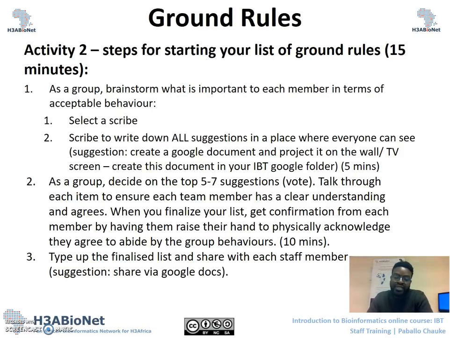Select a scribe, someone who's going to write down all the suggestions that everyone is going to be raising. My suggestion is create a Google document and project it onto the wall or TV screen. So wherever you see me now, the screen that you see me, can someone create a document and put it up where you can see me at the moment, on your projector or projected screen?